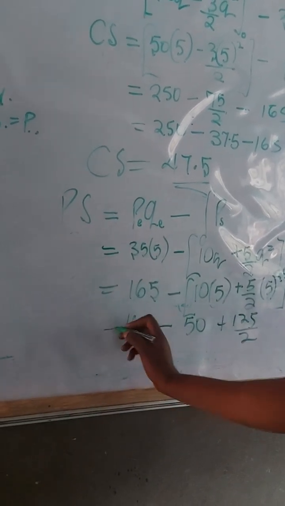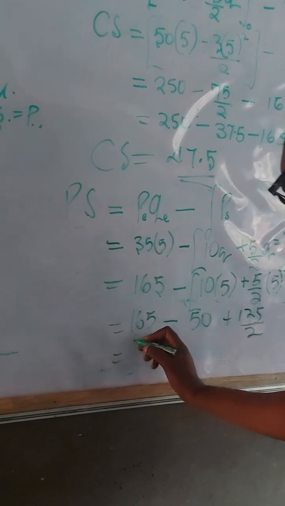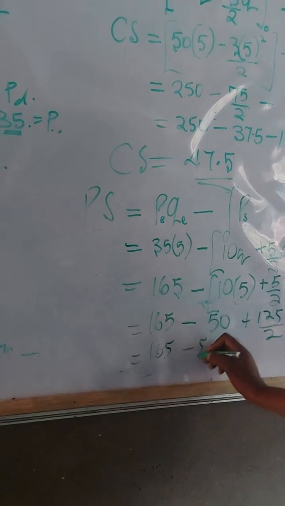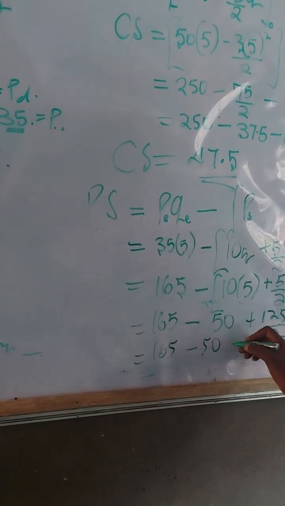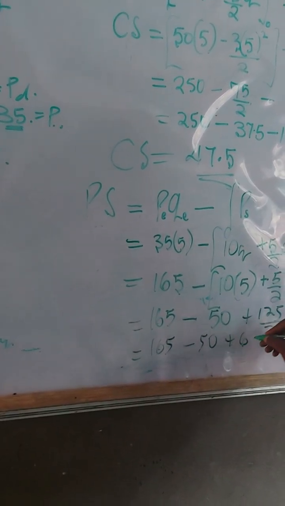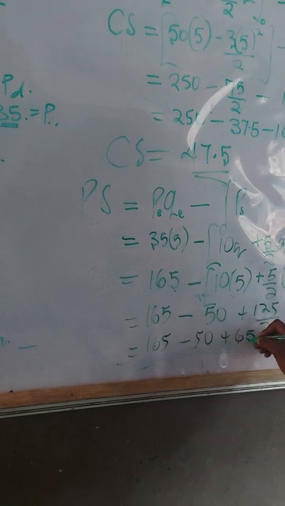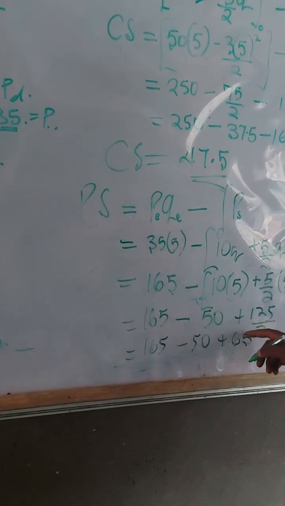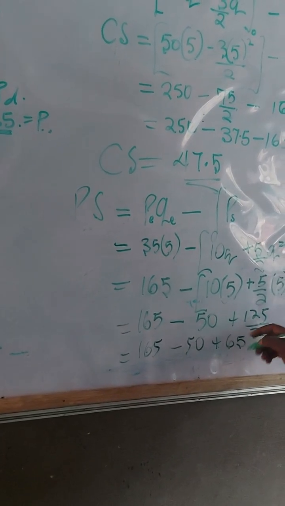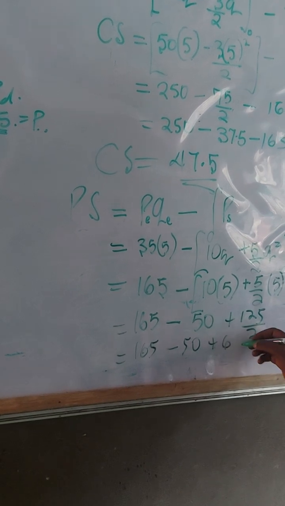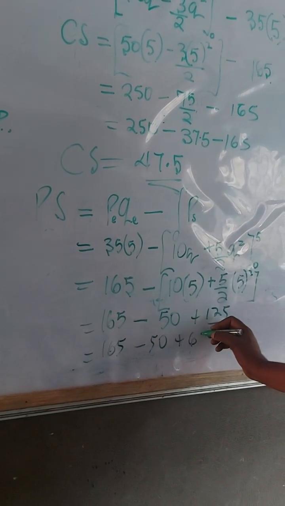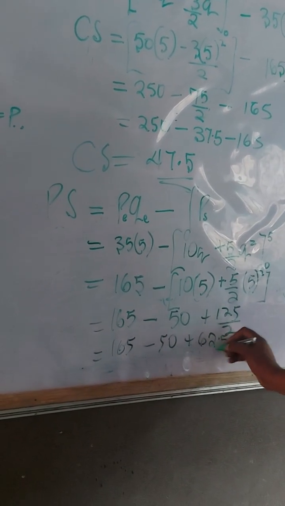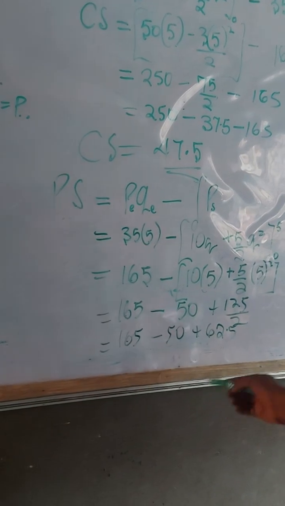So what is my final answer, class? So we have 175 minus 50, that's 125, plus 62.5.